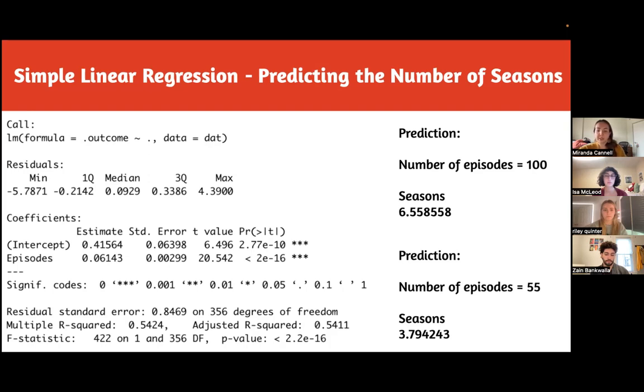As you can see, residual standard error is used to predict the error, which here is 0.8469. This is relatively higher than expected, so it may not be the best model. However, our multiple R-squared value explains the variability as 54.24%, which is relatively low. And the adjusted R-squared gives 54.11% of the time we are making a valuable prediction.